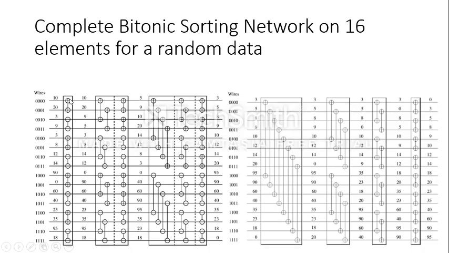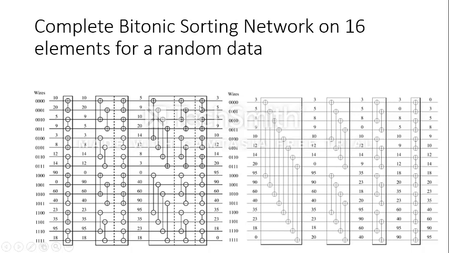The broad stage 1 has only one substep with respect to the logarithm of 2, or 1 Bitonic split. Broad stage 2 has 2 substeps with respect to the Bitonic split of the 4 elements, that is 2. So it has two columns here.